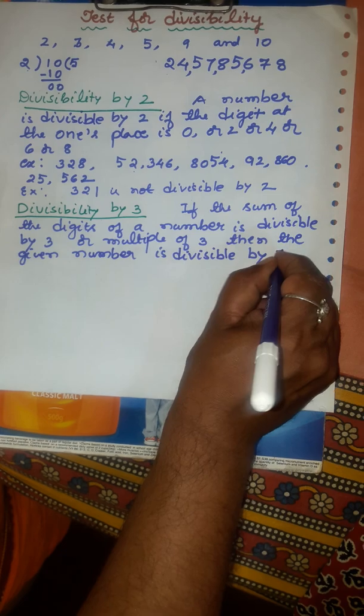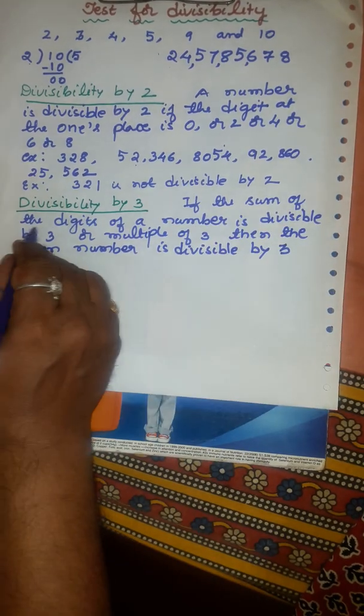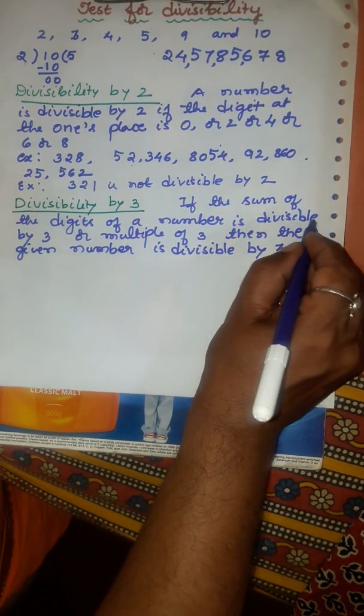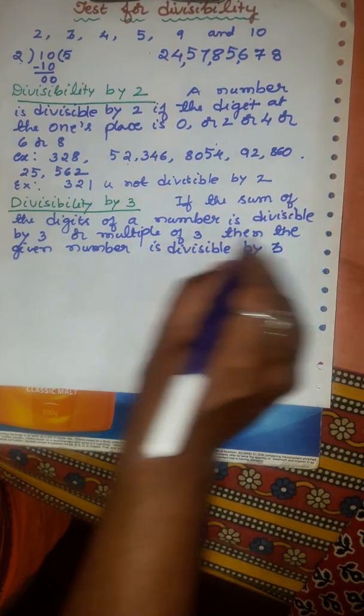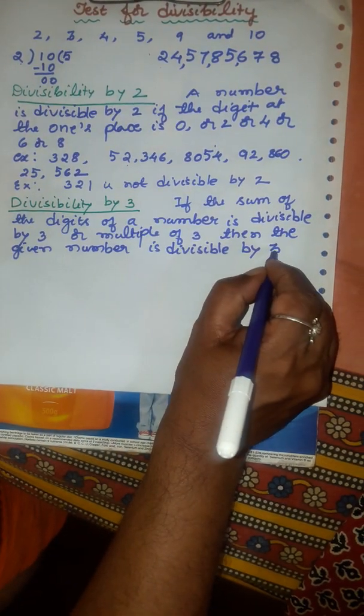I am going to read it out. If the sum of the digits of a number is divisible by 3 or a multiple of 3, then the given number is divisible by 3.